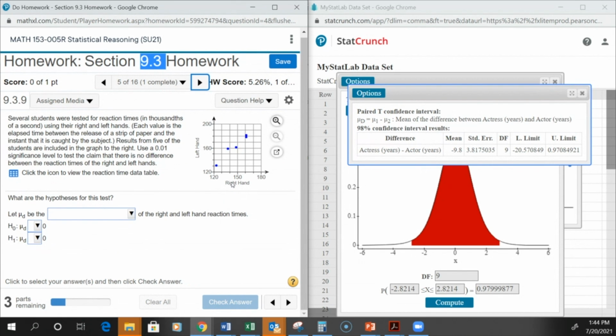It's just if you're right-handed, you should be faster with your right hand than your left hand. And this is sloping up, and so you think to yourself, yeah, as the right hand goes better, the left hand goes better. But wait, I thought we're trying to see if they're different. Are they different? The original claim is no, there's no difference. Maybe we should do this one. So what is mu sub d? Anybody want to get this one right? I told you they would ask you.